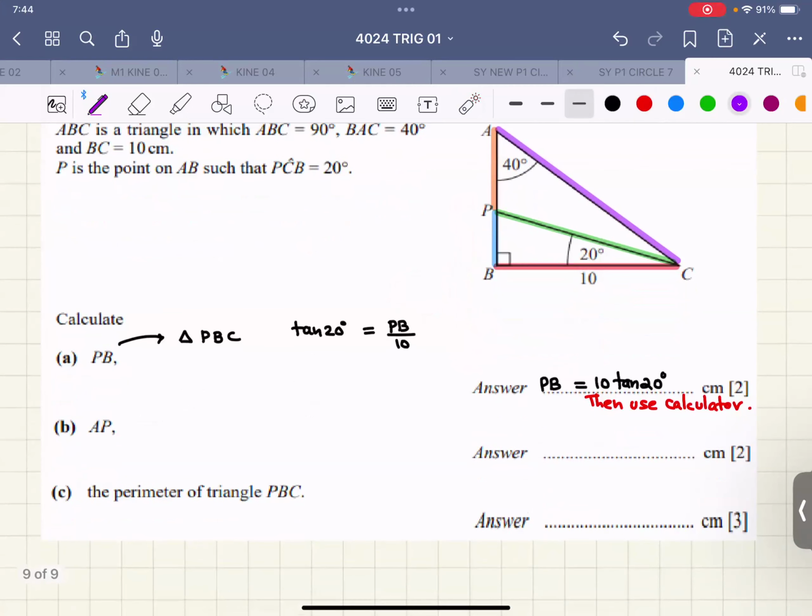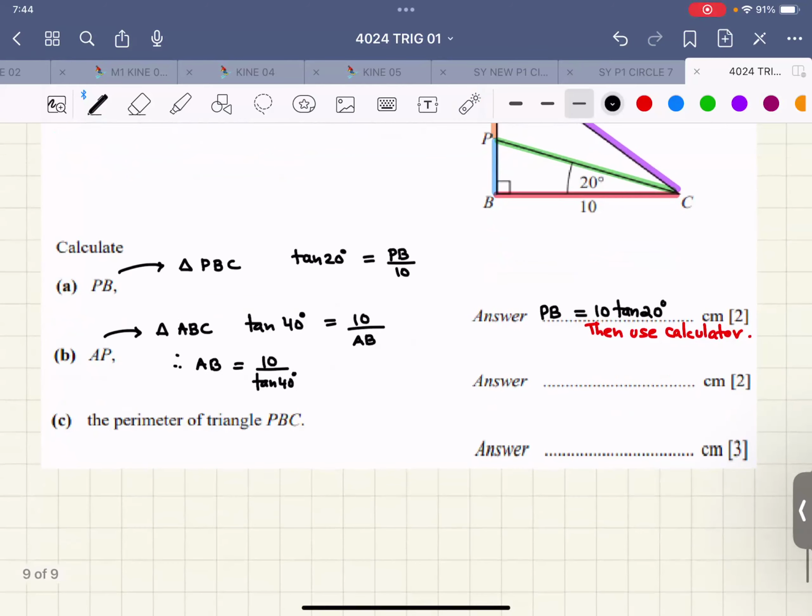Let me write over here, I'm talking about triangle ABC and tangent of 40 degrees equals BC, which is 10, divided by AB. Now, AB is AP plus PB, or even better, just simply let me write this as AB. So if I make AB the subject, AB is 10 divided by tangent of 40 degrees. That's the first thing. And then let me write it further.